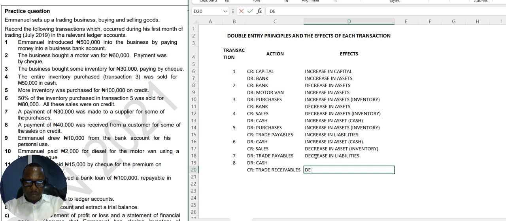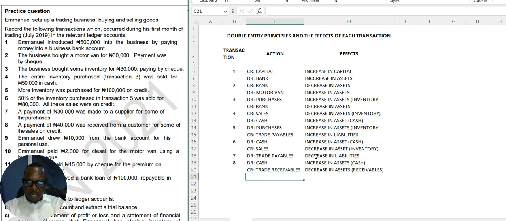A decrease in asset, which is your trade receivables. Then there is an increase in asset, which is cash. Right, that solves number 8.